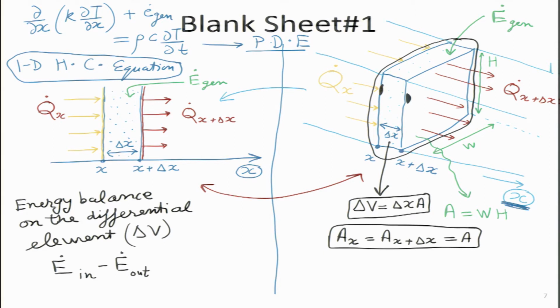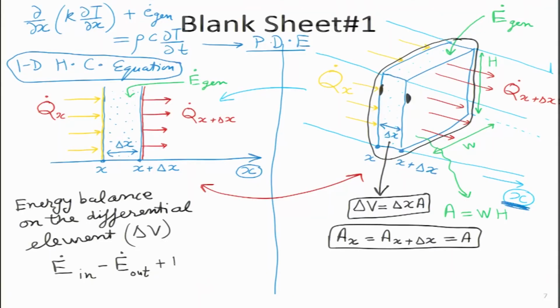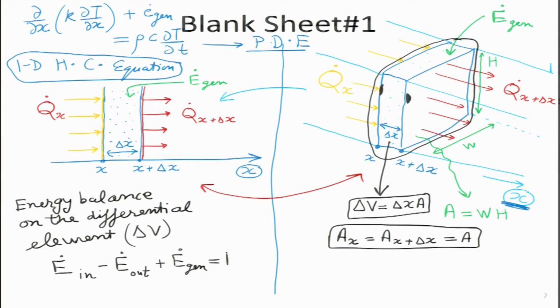In simple cases, both should be equal, E dot in equals E dot out, but we will remember over here that energy generation is also taking place, which means I have to account for E dot gen as well. So, I will add that term E dot generation. So, again usually E dot in minus E dot out plus E dot generation turns out to be 0. But over here the temperature of the system can also increase or decrease, which means I have to take into account the energy storage term as well. So, I will write this whole thing is equal to energy stored.